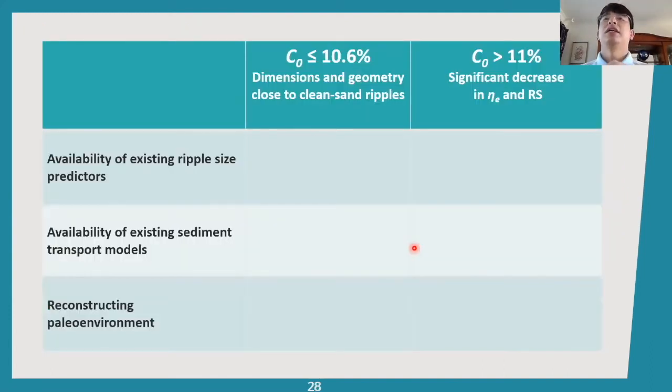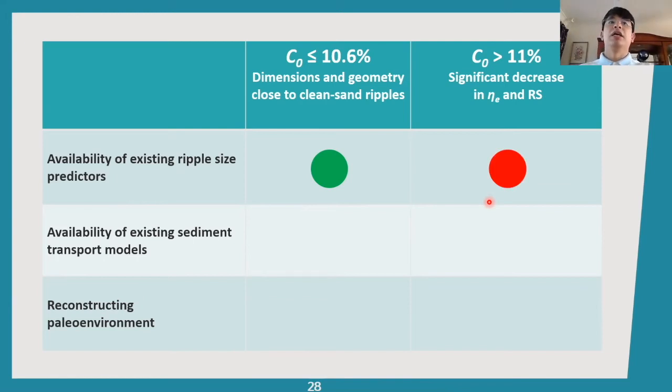So in our experiment, we found that with an initial clay content lower than 10.6%, the ripple dimensions and geometries are very close to the clean sand ripples, which means the existing ripple size predictors are still applicable for these ripples. However, with an initial clay content over 11%, we found a discontinuity in the ripple height, and the ripple height heavily decreased, which means the existing ripple size predictors possibly overestimate the ripple height.